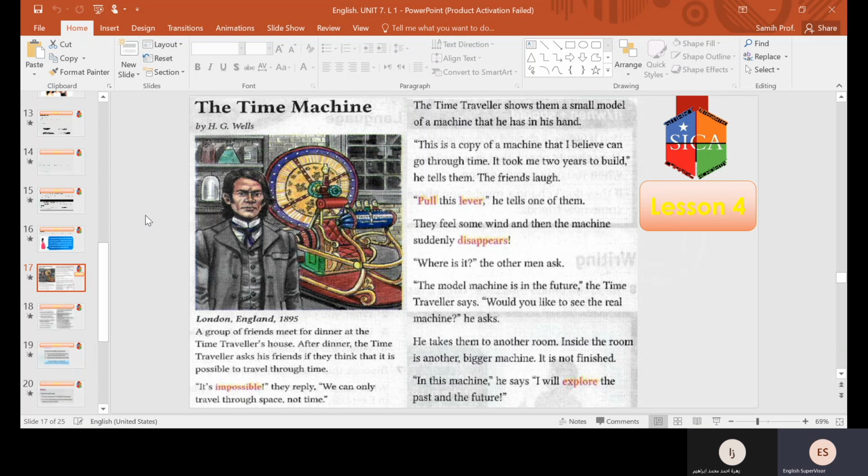Nice one. Perfect. Thank you, Zahra. Whenever you look at this text, first of all, have you ever heard about the time machine? Can you hear me? Yes, I hear you. Have you ever heard about this name, time machine?